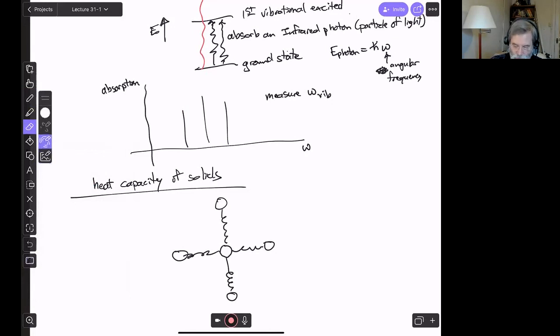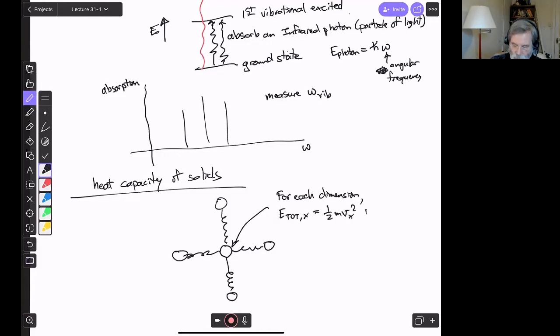So for each dimension, the atom has energy associated with vibration. So the total energy, let's say for this central atom, for vibrations in the x direction would be 1/2 m v_x squared plus 1/2 k x squared.